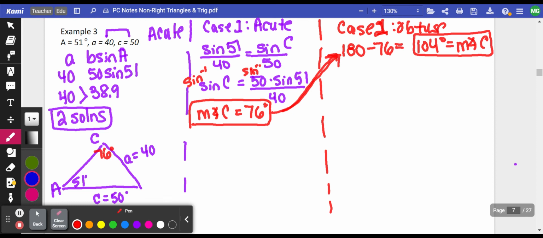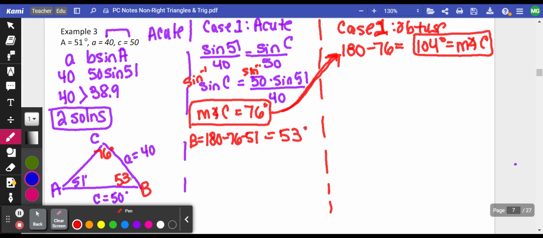So listen, now that we know two angles in this triangle, we can go ahead and calculate the measure of angle B. The measure of angle B will simply be 180 minus 76 minus 51, which is a 53-degree angle.